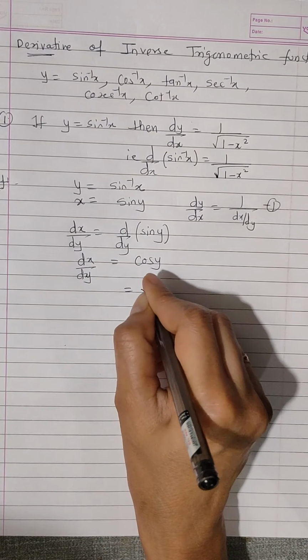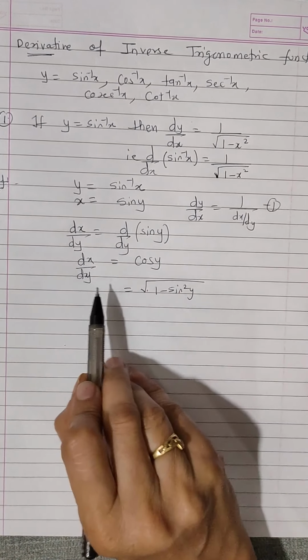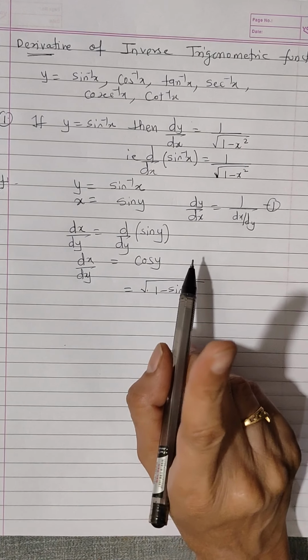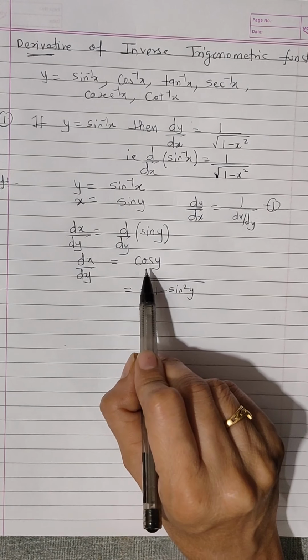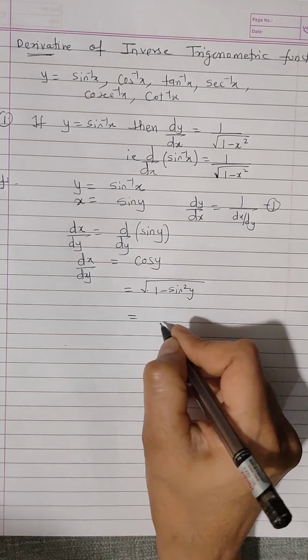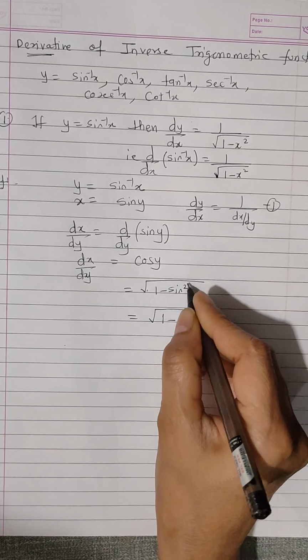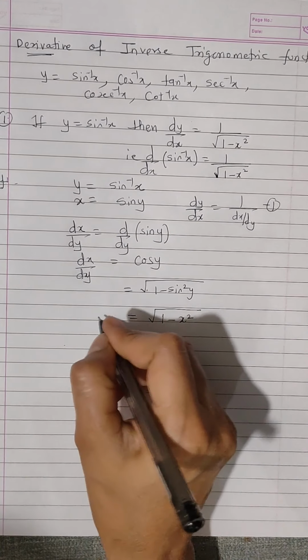Now what is cos y? I will write it as under root 1 minus sin square y. We know that cos square theta plus sin square theta is 1. Therefore cos square theta is 1 minus sin square theta, therefore cos theta is under root 1 minus sin square y. Now sin y is x, so sin square y means x square.